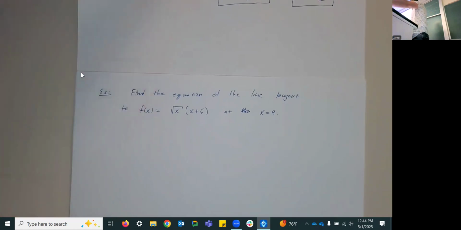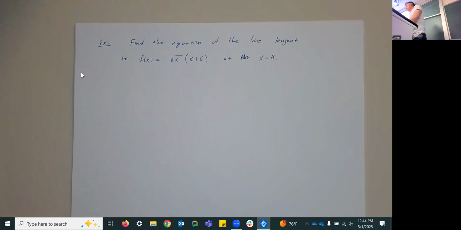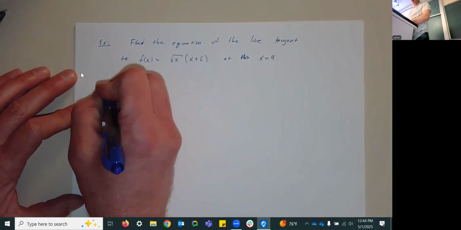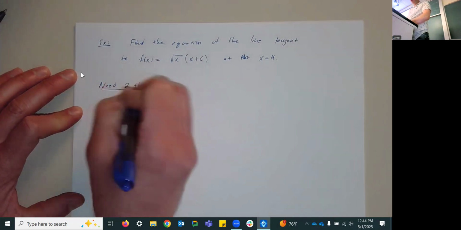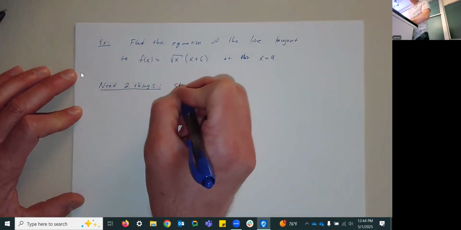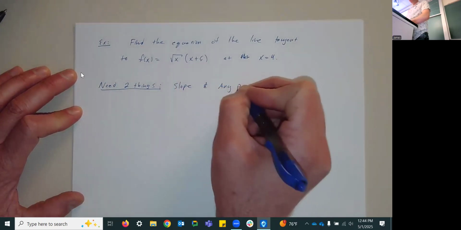And what I would mention about finding equations of lines in general is that to find the equation of a line, we always need 2 things. You need a slope and you need any point on the line.